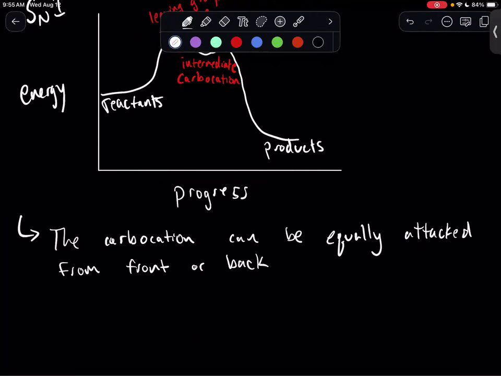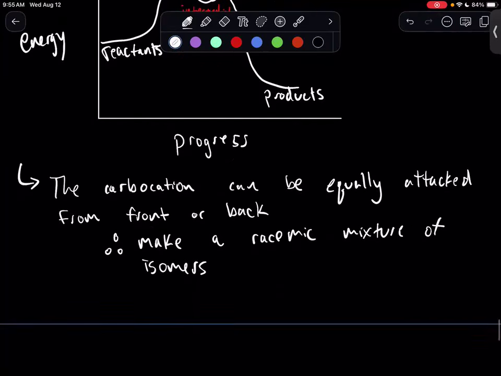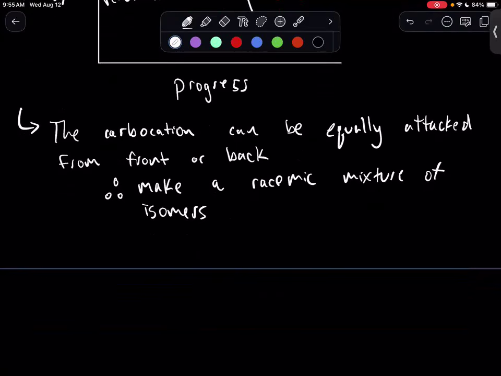Because it's an equal percentage, 50-50, we therefore make a racemic mixture of isomers, which when we say racemic mixture, we already know it's a 50-50 of those optical isomers. And therefore, this will always be half-half of whichever optical isomer if you have a central chiral carbon or a chiral center. So that is all 3.4.9.